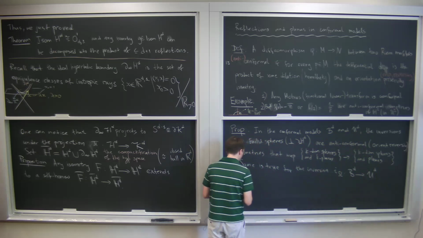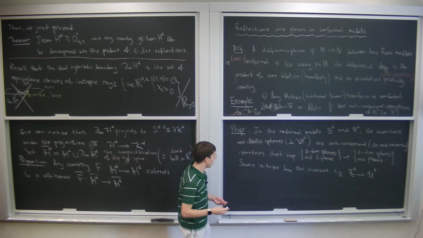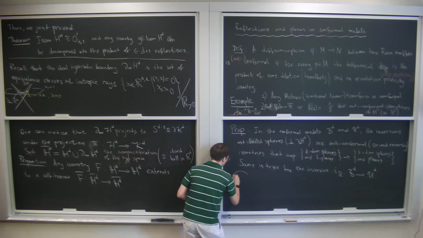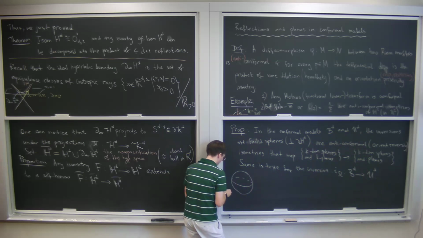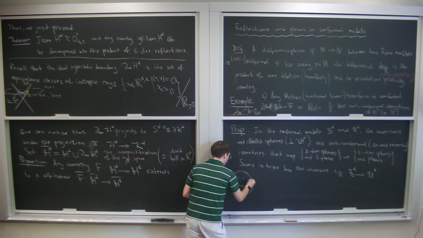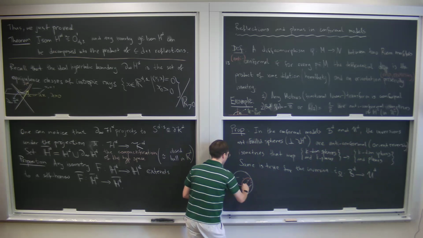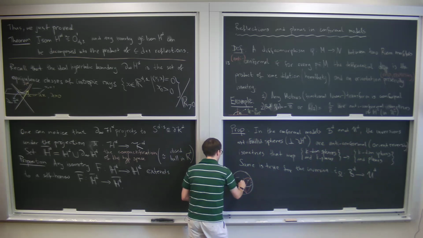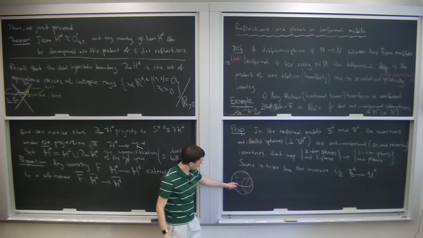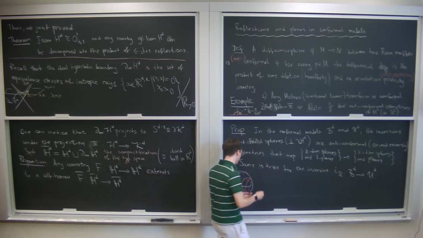So the picture is probably obvious, but let me show it. We can have spheres orthogonal to the boundary, or we can have planes passing through the origin.